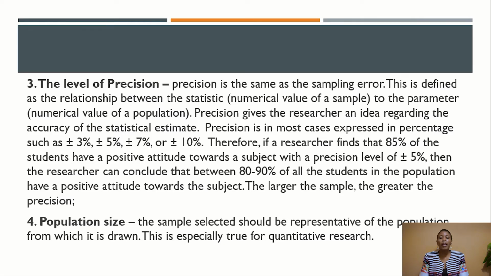Therefore, if a researcher finds that 85% of the students have a positive attitude towards a subject with a precision level of plus or minus 5%, then the researcher can confidently conclude that between 80 and 90% of all the students in that population have a positive attitude towards the subject.